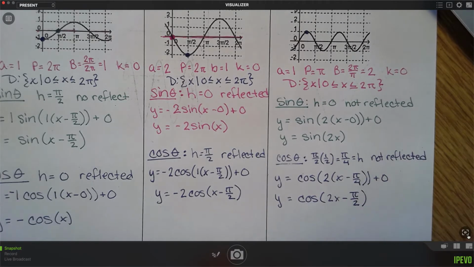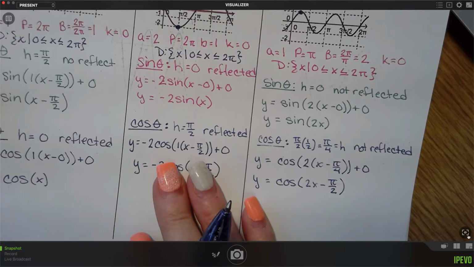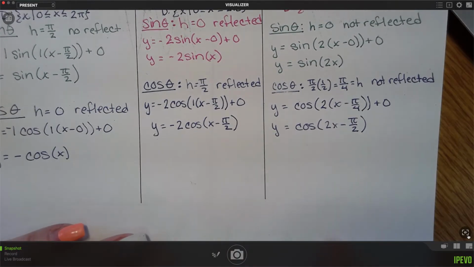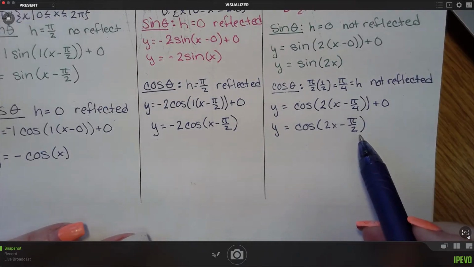Okay, so did you get cosine of 2x minus pi over 2? Wait, why would it be 2x minus pi over 2? Because you have to take 2 times pi over 4, which gives me pi over 2.